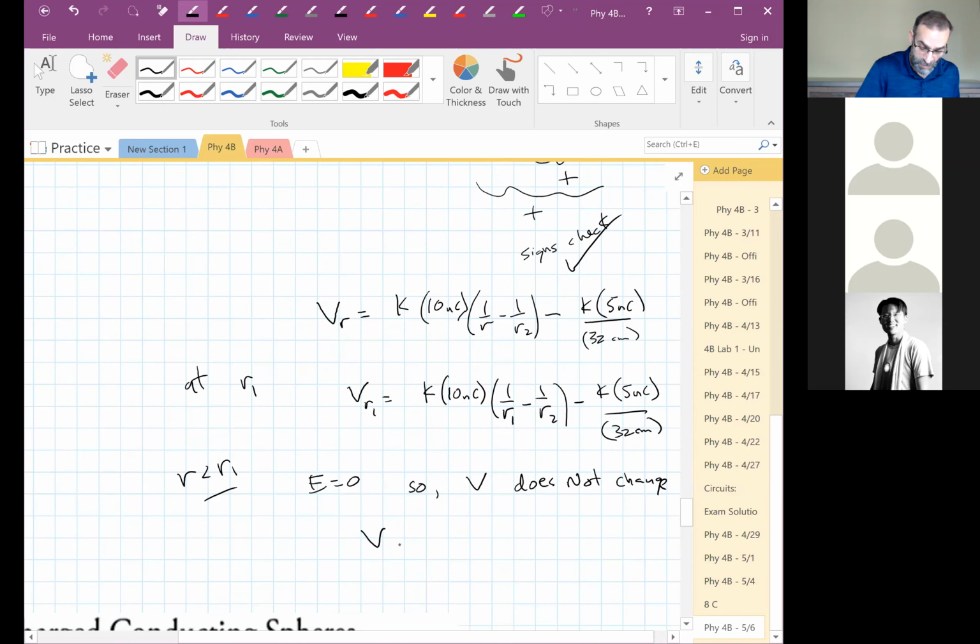So V anywhere less than R1 is equal to a constant, equal to that value right there.